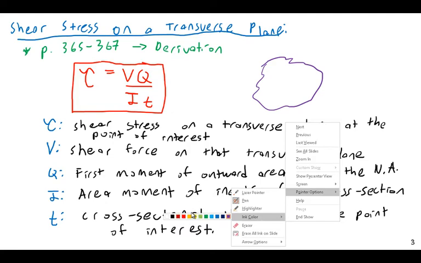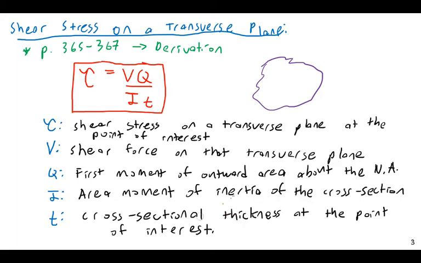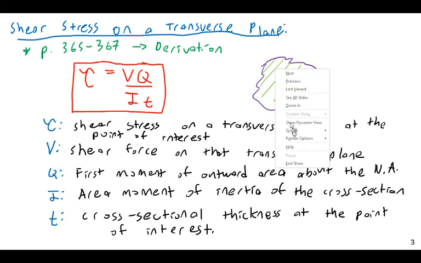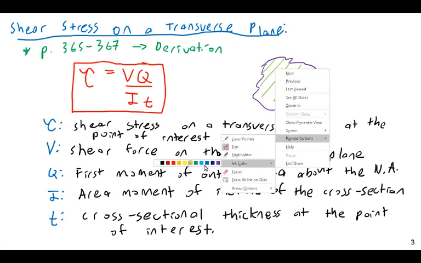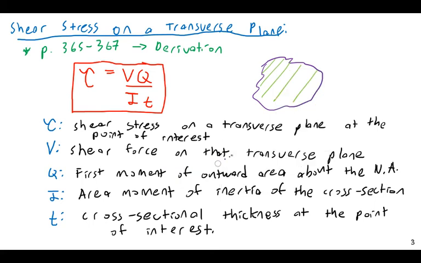Now, let's see what's next. So this is the cross section. Let me illustrate this maybe here. Let's say this is cut AA.